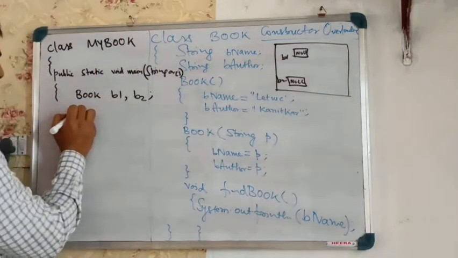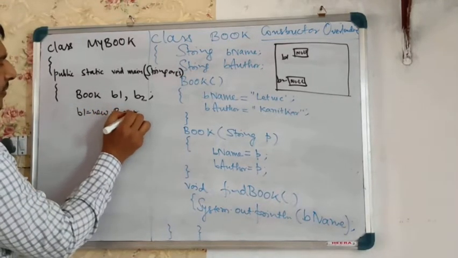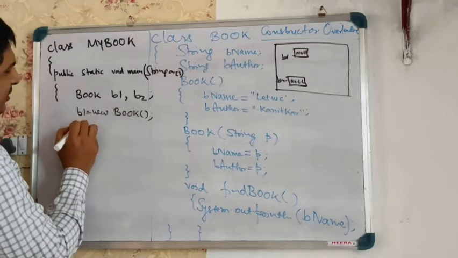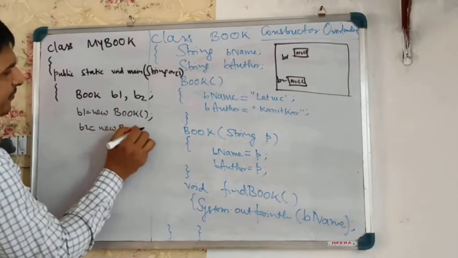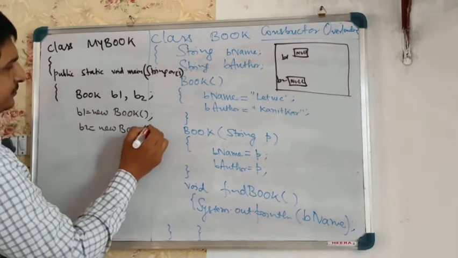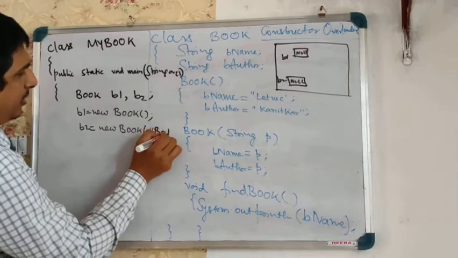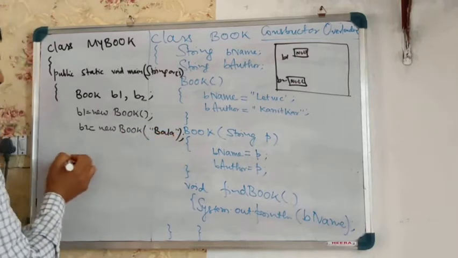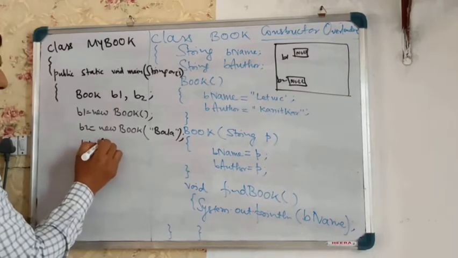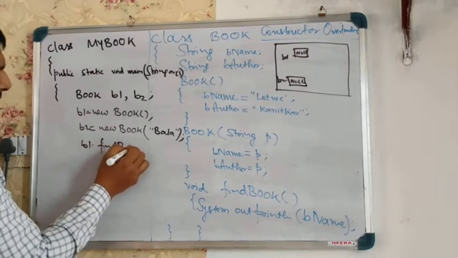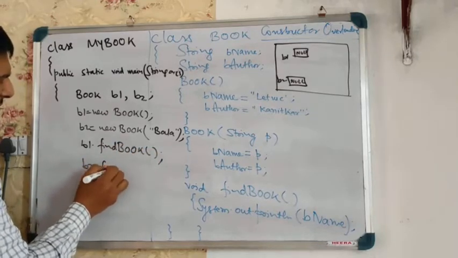Then I wrote b1 equals new Book, and then I wrote b2 equals new Book, and then I wrote b1.findBook. Then again I wrote b2.findBook.